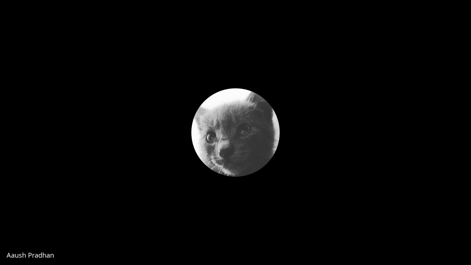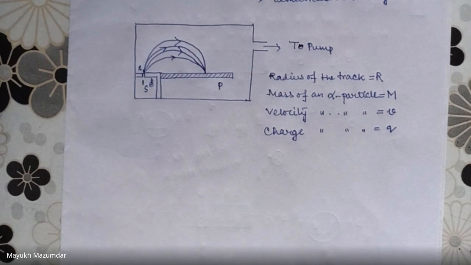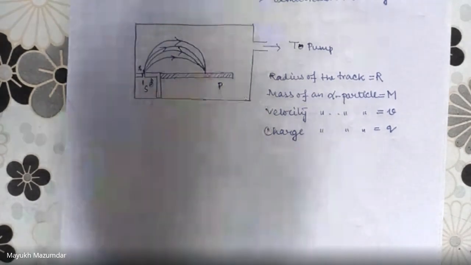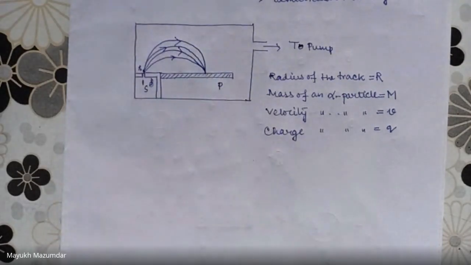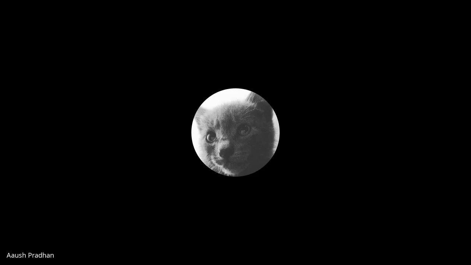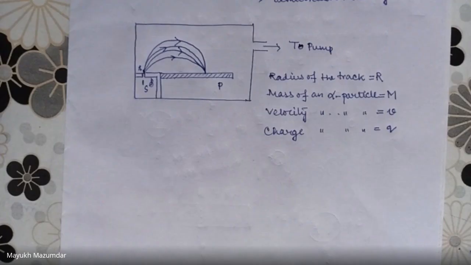Coulombic force. Why is it rotating? I mean, why are these semicircular tracks formed? Because of the negative charge, sir. Where is the negative charge?